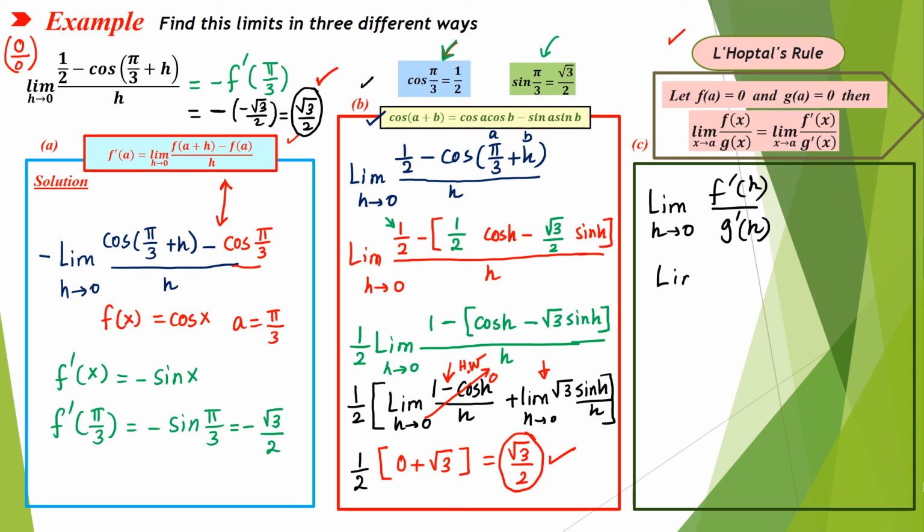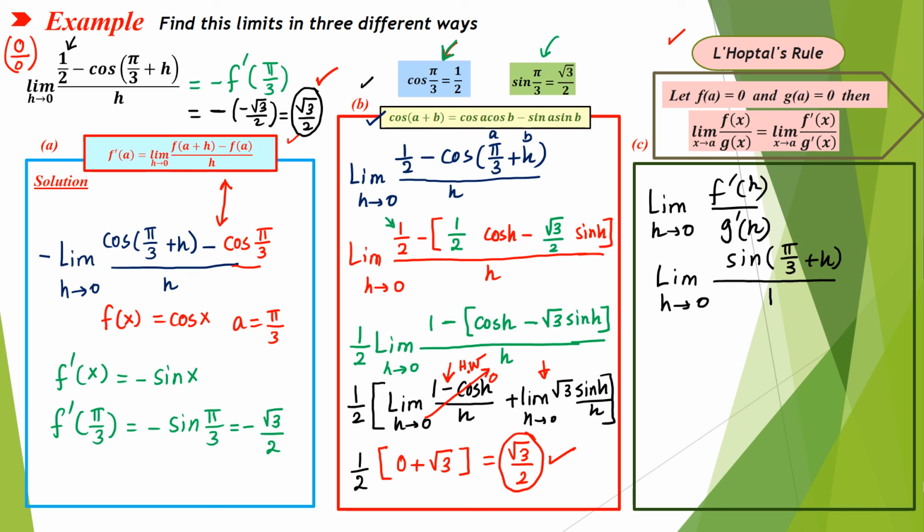So we have the limit, the derivative of 1 over 2 is a constant, so the derivative equals 0. Then we have minus, cosine is negative, so minus minus will be plus, sine of pi over 3 plus h. This is the derivative of the numerator, and the derivative of the denominator equals 1 because we have h when h goes to 0.